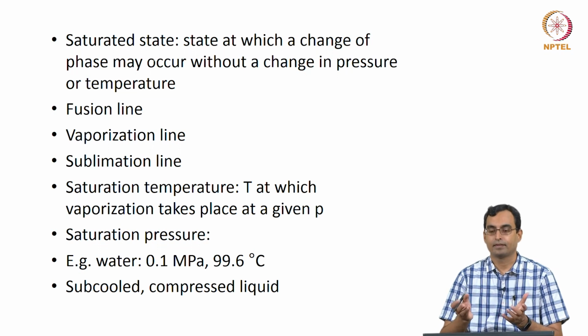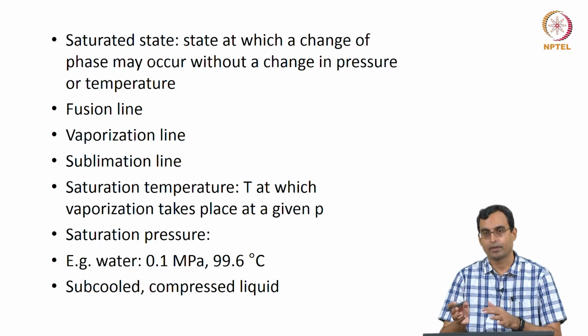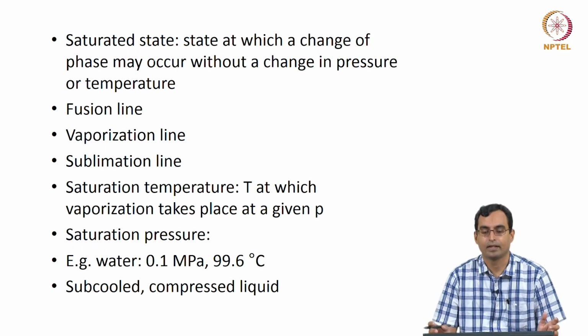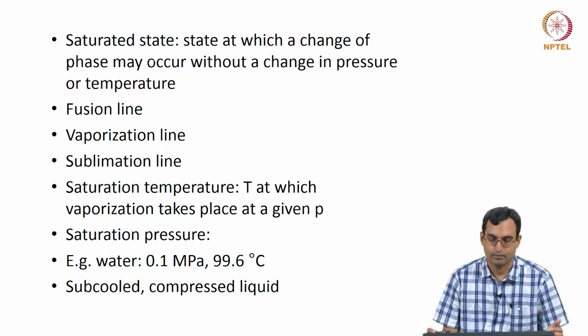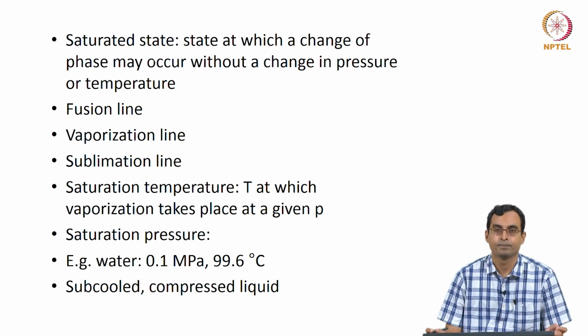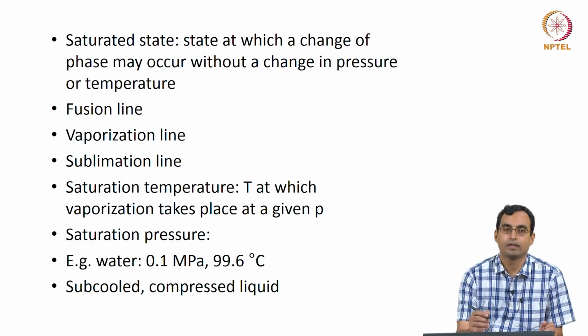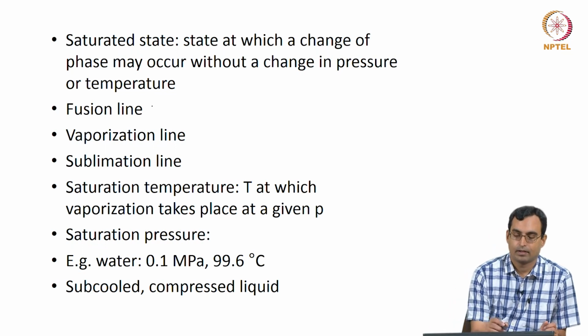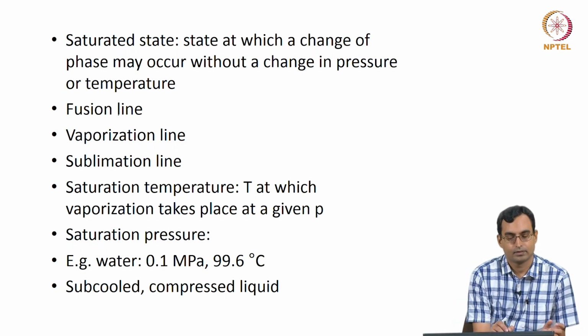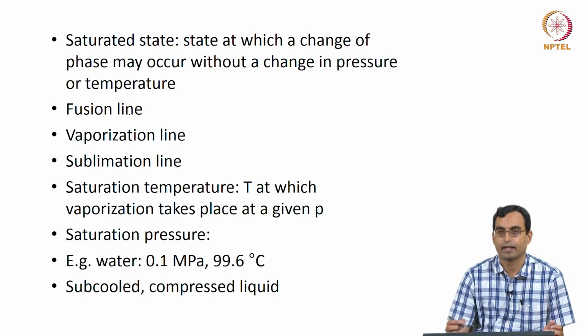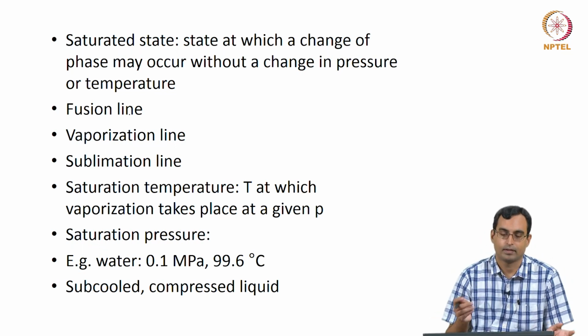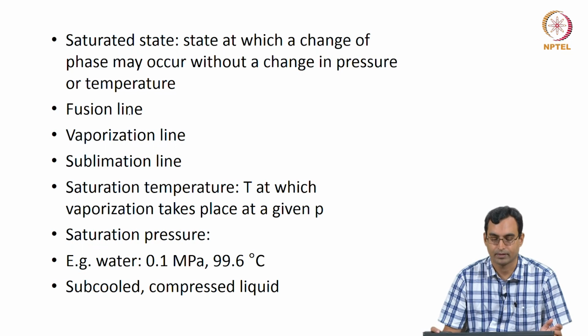The change of state can be either from solid to liquid or vice versa, or liquid to vapor or vice versa, or solid to vapor or vice versa. So, you can have any of these changes of phase. If there is a change between solid and liquid, we call it a fusion state or a fusion line, when this happens at different pressures and temperatures.